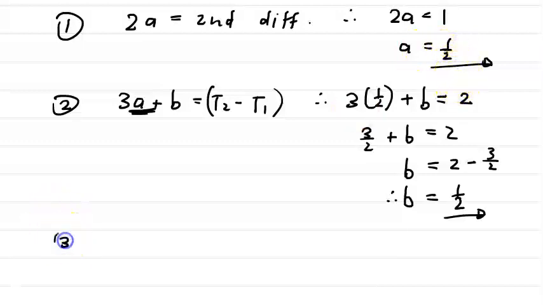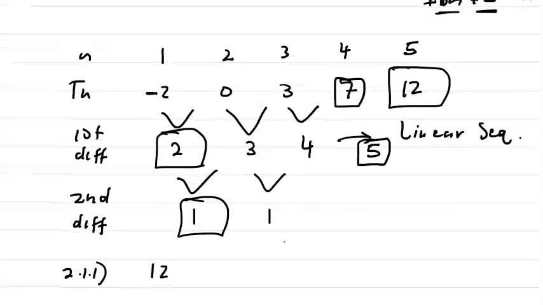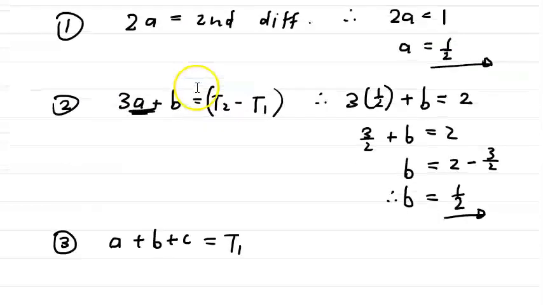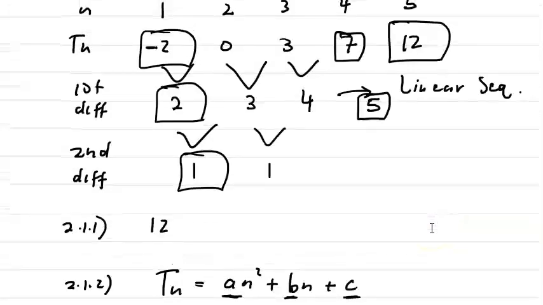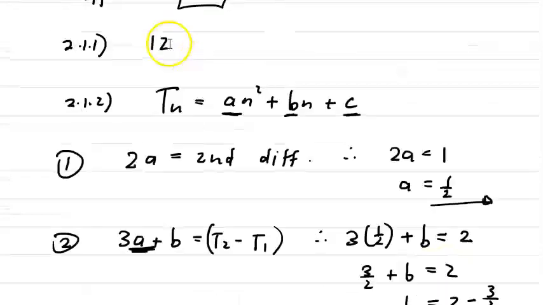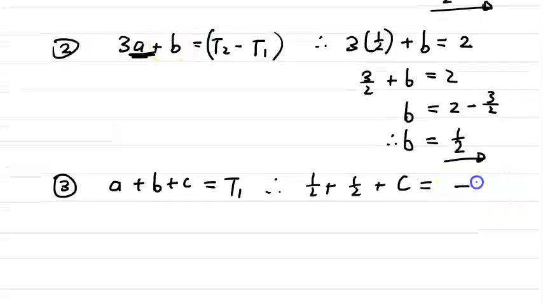Step number 3 is as follows. a plus b plus c is equal to t1, which is your first term. And your first term is this value here, minus 2. Now, as I said before, remember, you've got to be very sequential in your approach. So what's a? a is equal to half. b is equal to half, plus c equals t1, which is term 1, and term 1 is negative 2.